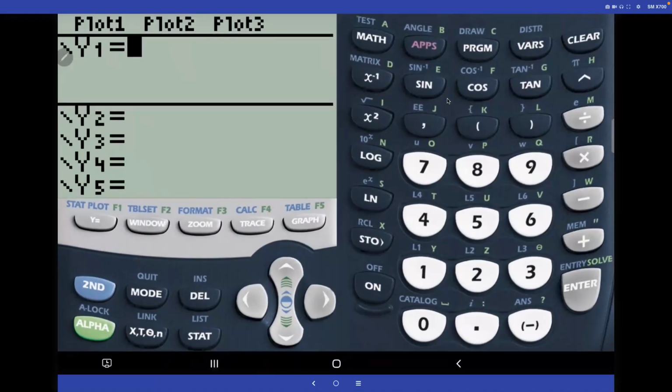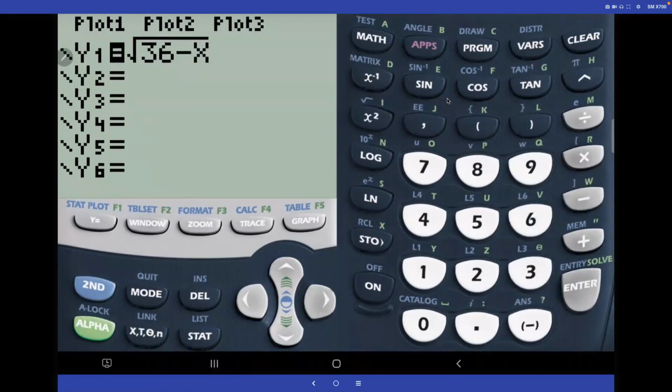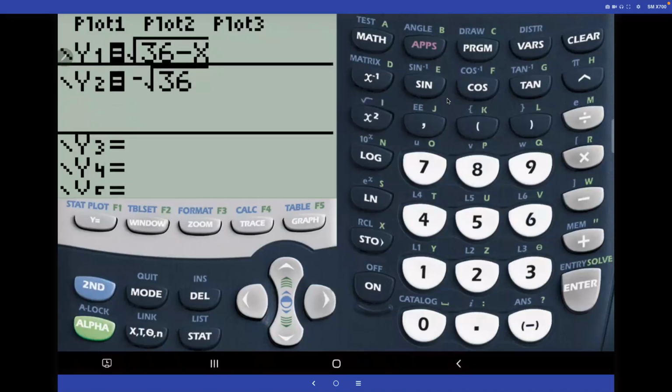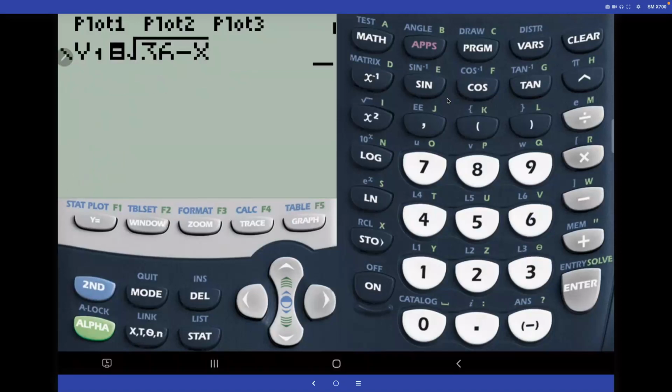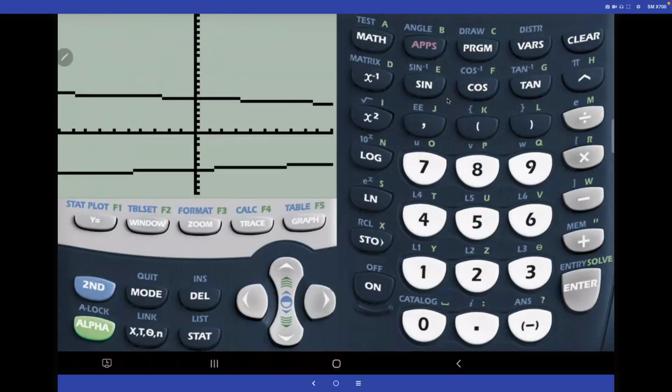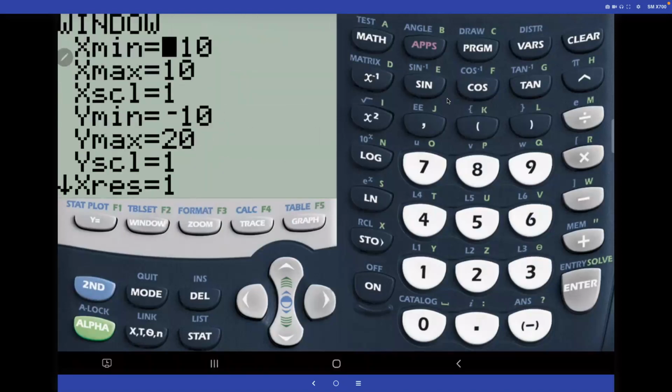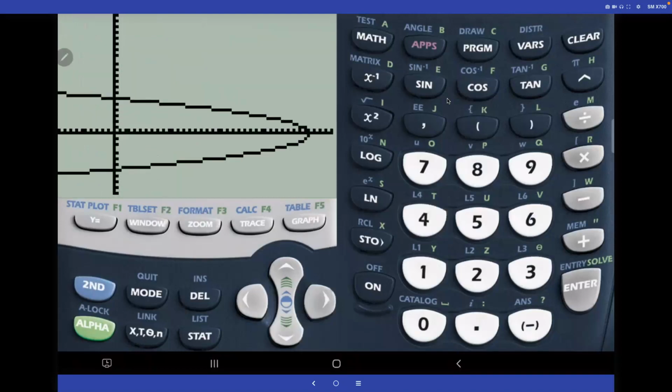You have to enter it in twice, though. So there's the positive square root of 36 minus x, and then the negative square root of 36 minus x. And I'll zoom out. Well, actually, here we'll just do window. You can get the sideways parabola that way, but it is graphing in 2 parts because it's a function calculator. This is not a function, but each half of it represents a function.